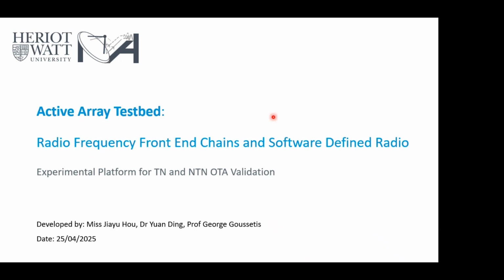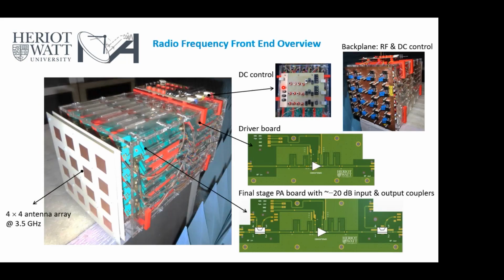So we'll start with the overview. Here is a picture of my active array testbed, at frequency 3.5 GHz. We have a 4x4 antenna array at the front side, as you can see right here. Behind the active array, for each element, we have a driver board and a final stage power amplifier.